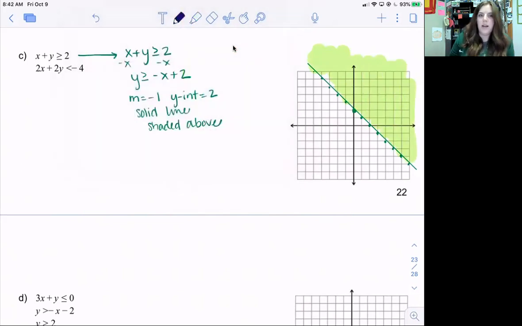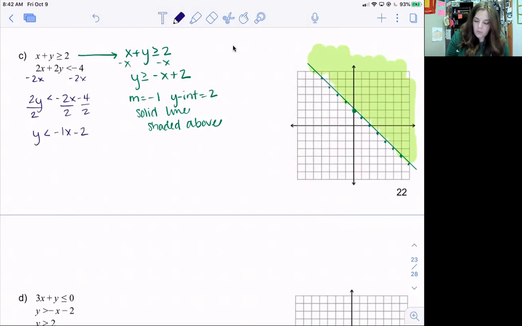2x plus 2y is less than -4. So to get y by itself, we're going to subtract 2x from both sides. So 2y is less than -2x minus 4. Then to get y by itself, we're going to divide by 2. So y is less than -2 divided by 2, which is -1x, and -4 divided by 2 is -2.